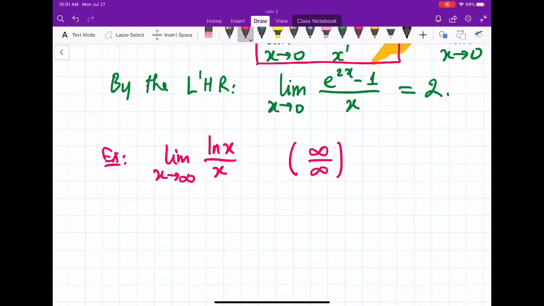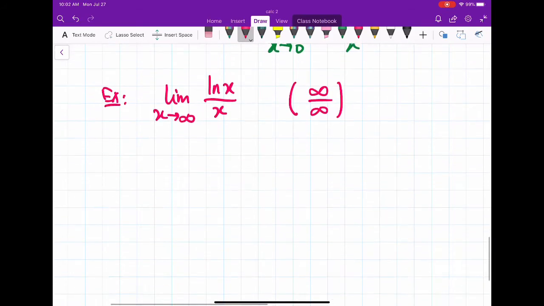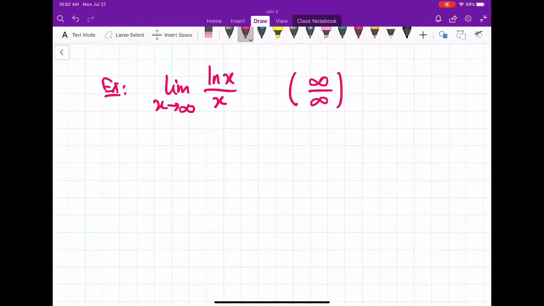Let's say you consider the limit of ln x at infinity and x at infinity. Sometimes I say, just plug the point into the function. So in this case, yes, it is an indeterminate form, and your functions are good. They are differentiable.